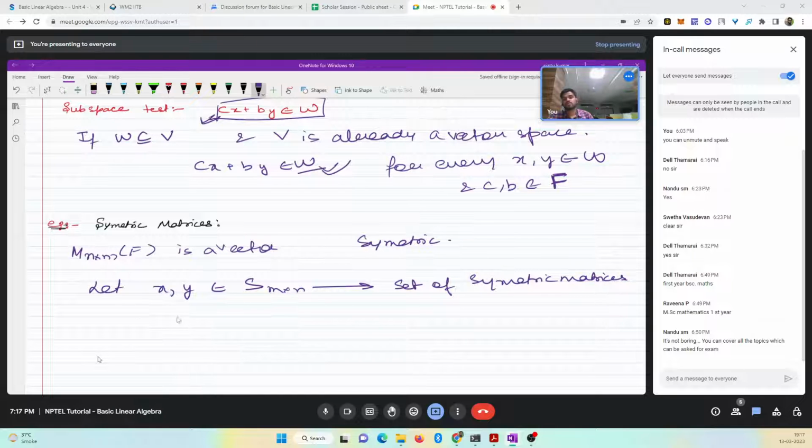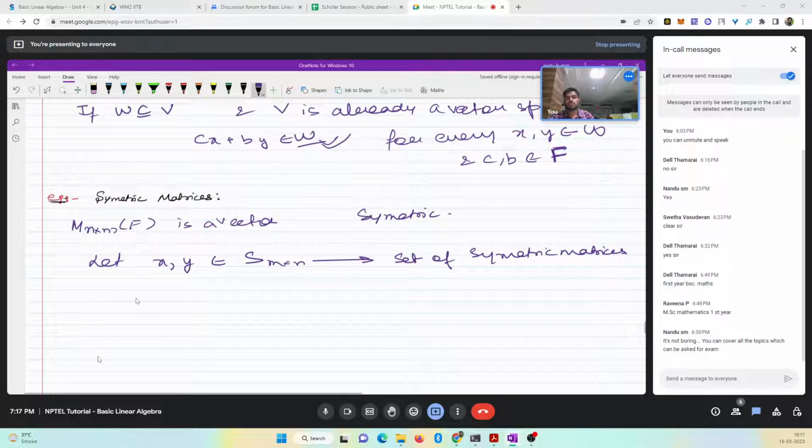So what does this mean? All of you know what we mean by symmetric matrices. Let's use bold, it would be better to denote a matrix x, y. So symmetric matrix means that x transpose is equal to x, or y transpose is equal to y.